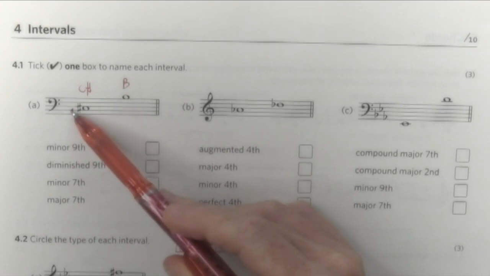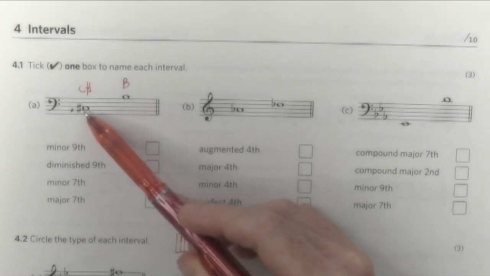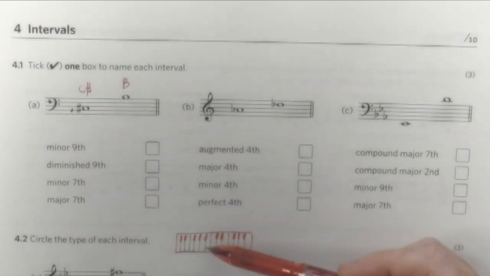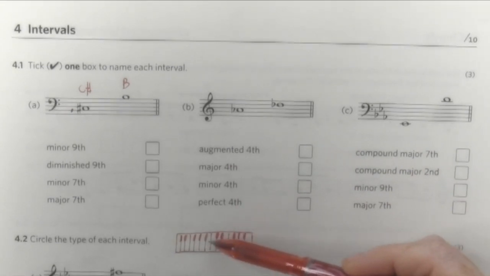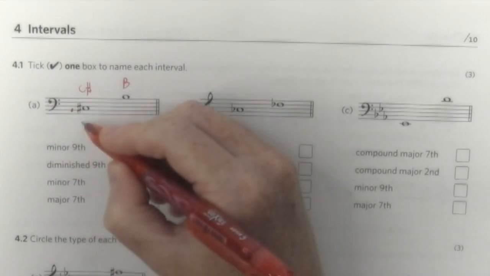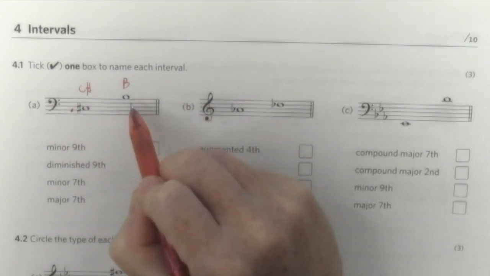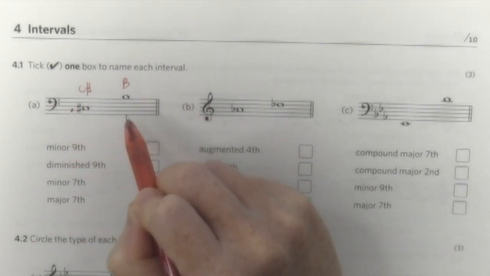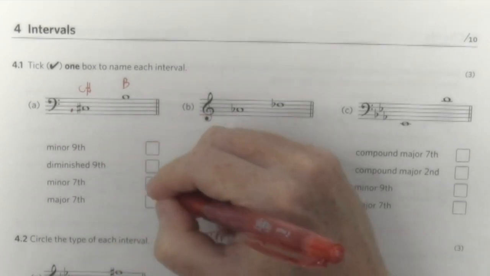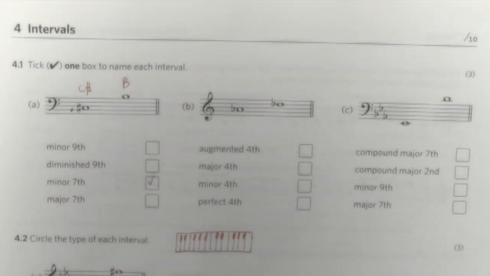Now we need to identify what kind of second this is. B, C sharp. A major second is 2 semitones. So in this case, 2 semitones. This is a major second that, if flipped over again, becomes a minor 7th. So this is a minor 7th. That's it.